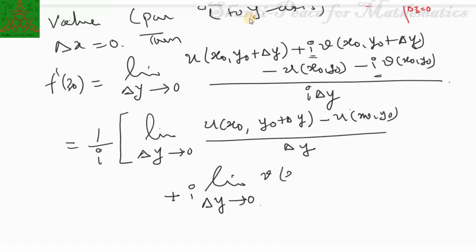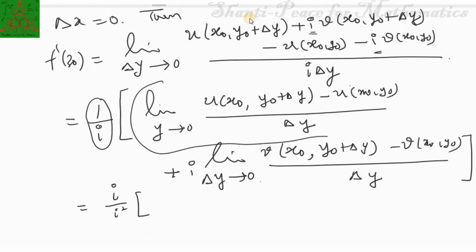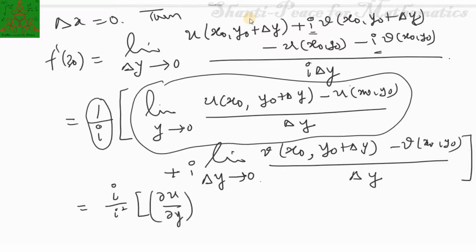So this is v of x0 y0 plus delta y minus v of x0 y0 upon delta y, and this 1 upon i I may write down, by multiplying and dividing by i in the numerator and the denominator, as i upon i square, and this quantity that we have here can be written as del u by del y at point z equal to z0, and this is del v by del y at point z equal to z0.